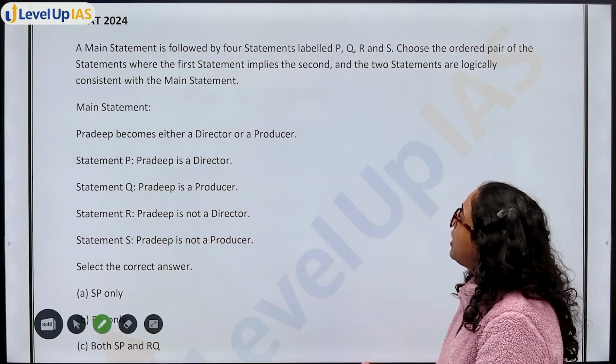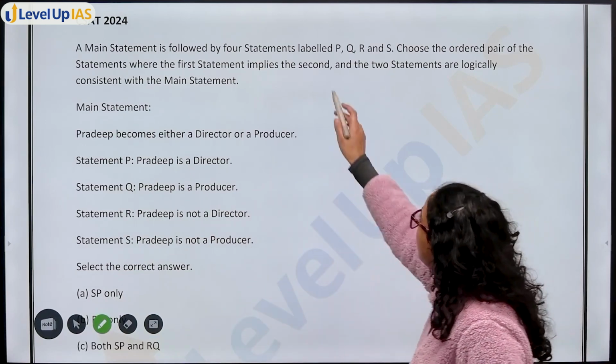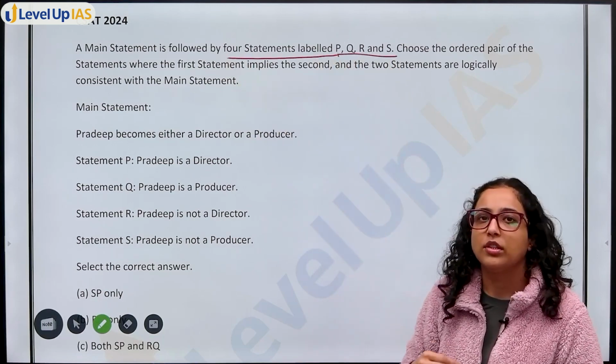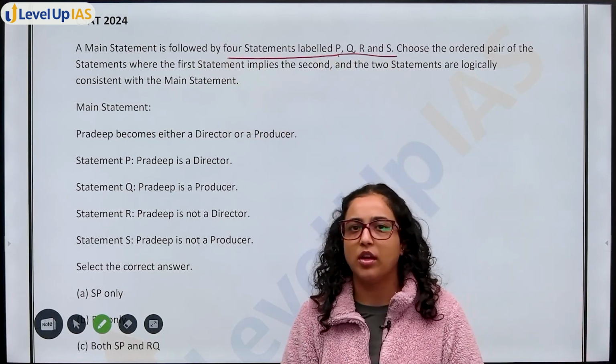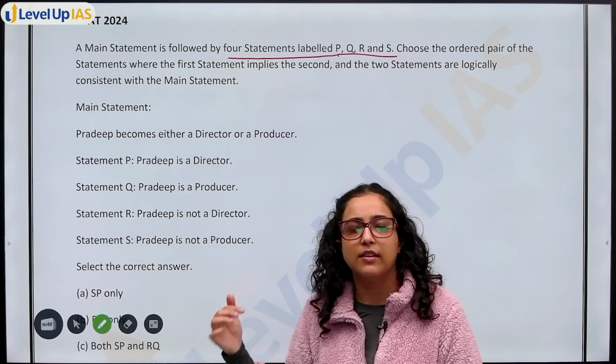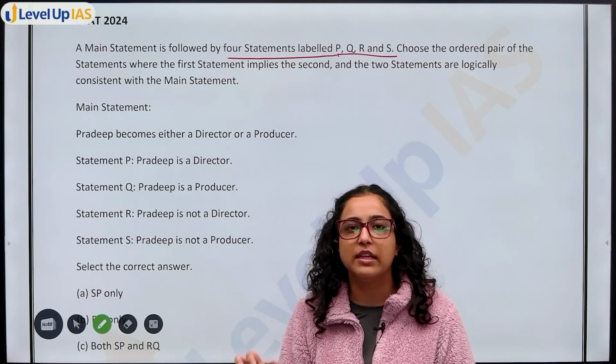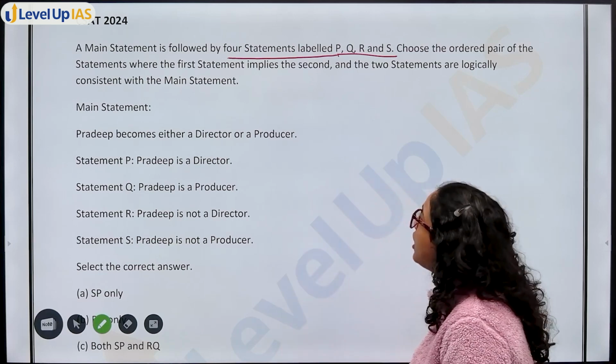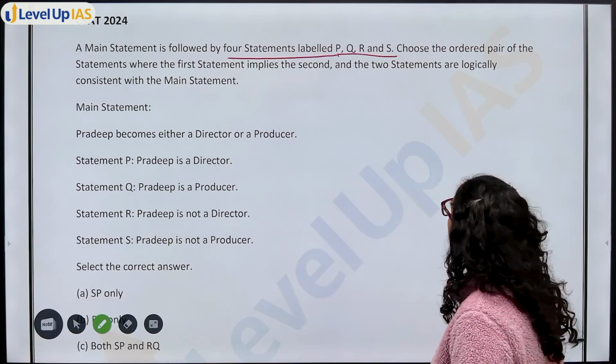Okay? So, the main statement is followed by 4 statements labeled PQRS. The approach or the method which I am talking about is not for this. This is your basic, very basic English reasoning and verbal reasoning understanding. Okay, so you have 4 statements labeled PQRS.